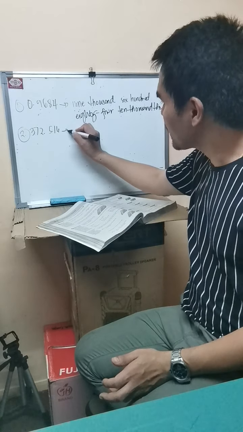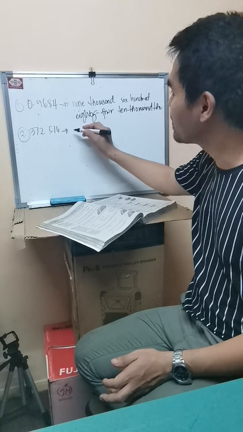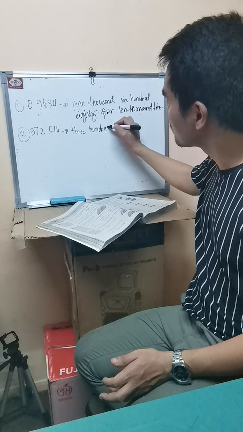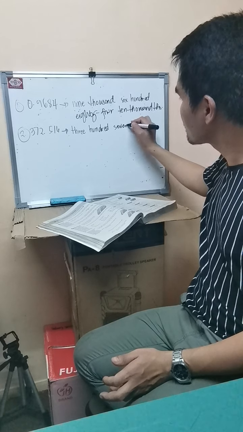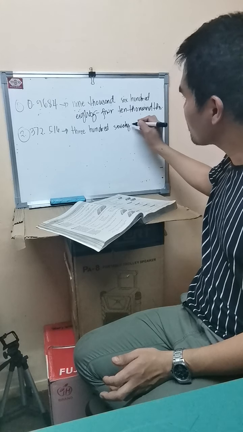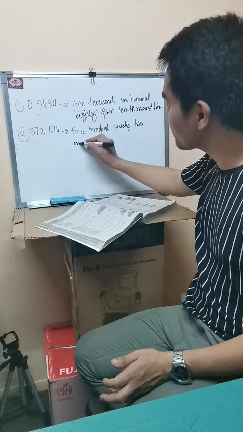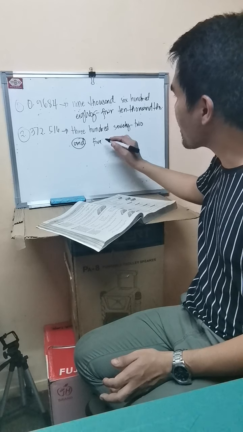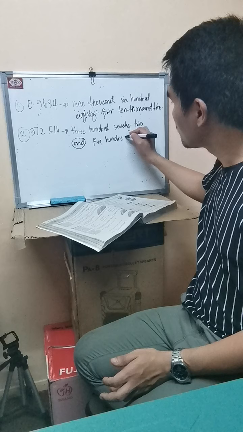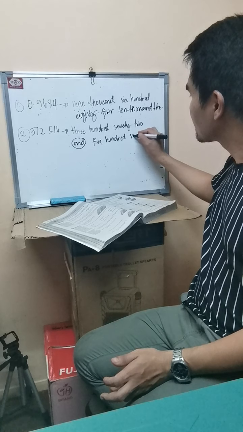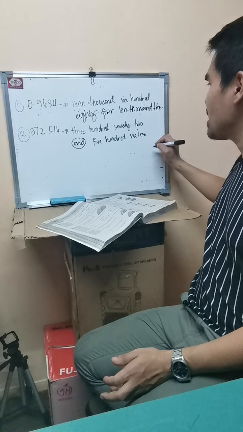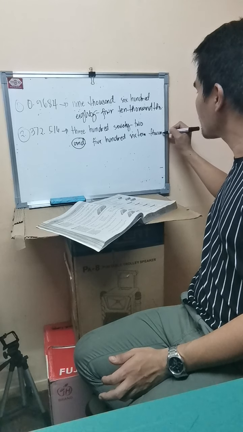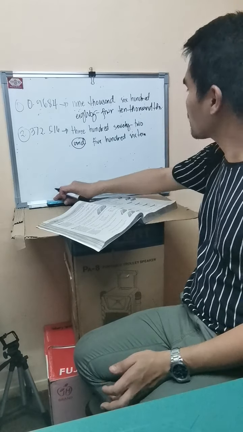Now, for the second example, the equivalent word for this one is 3 hundred 72, and of course the dot here is equivalent to the decimal point, and 516 thousandths. Sorry, let's try to write it properly.